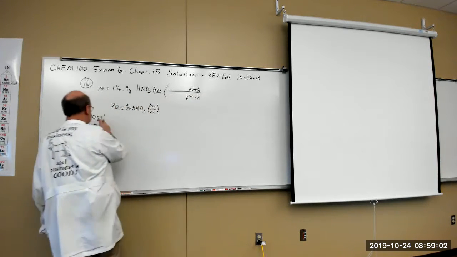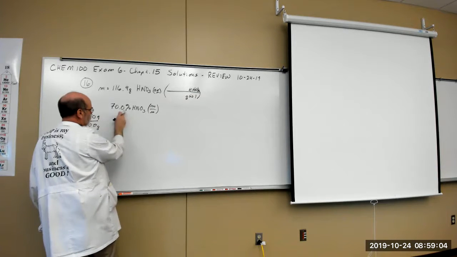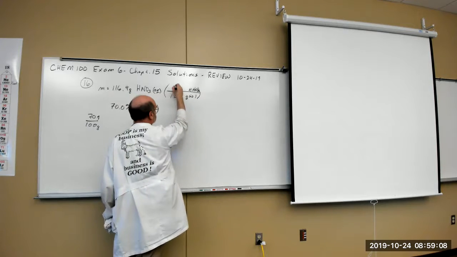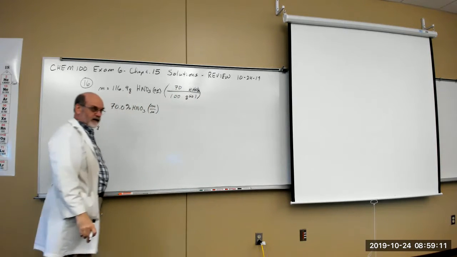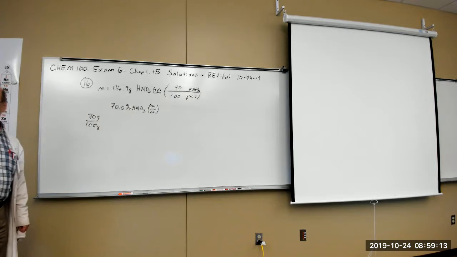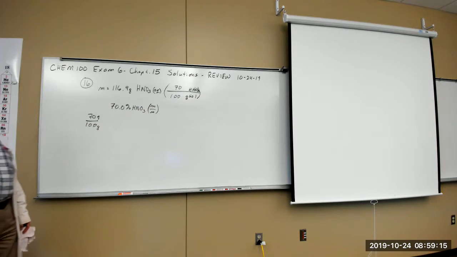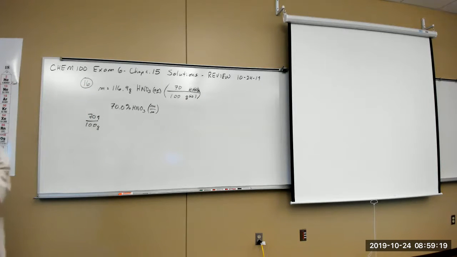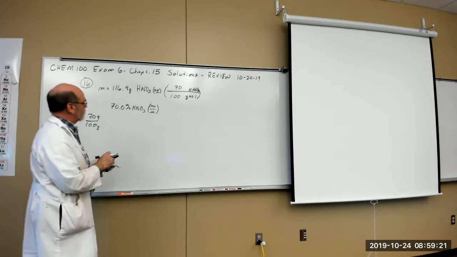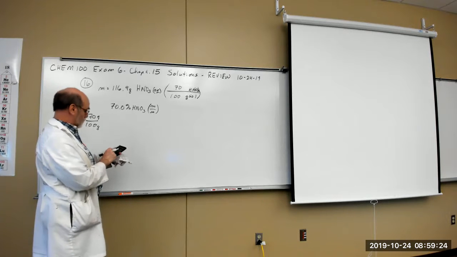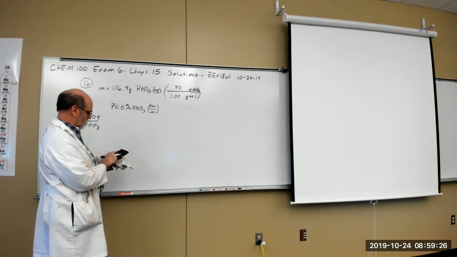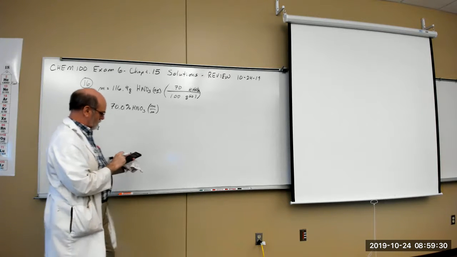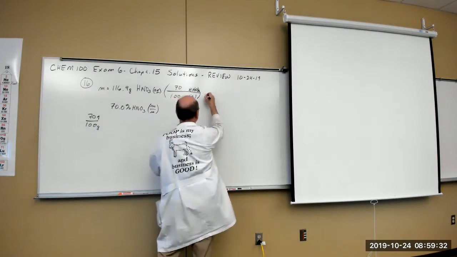So what did we say it was? 70 per 100. 70% is 70 parts per 100. Like that, 70 grams of HNO3 per 100 grams of solution. So now we can figure out how many grams of HNO3 we have. That's part of the solution. I get 81.83.